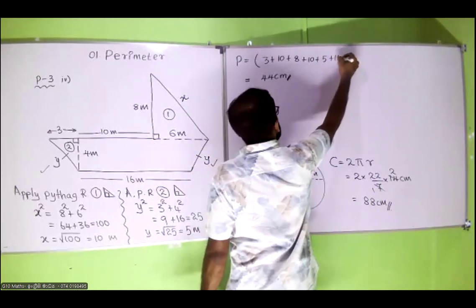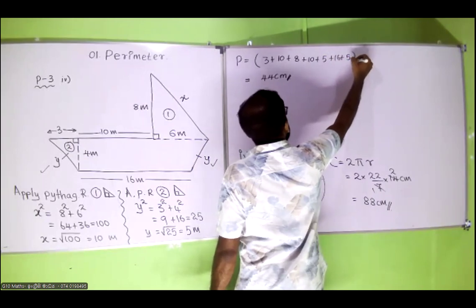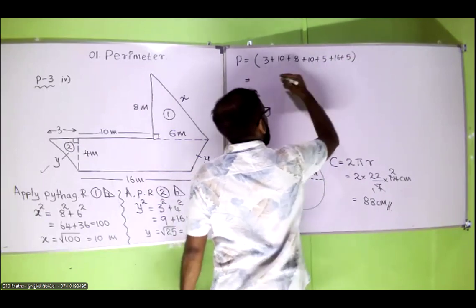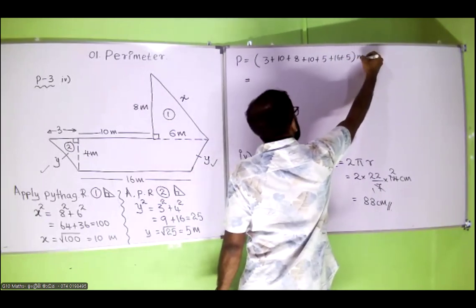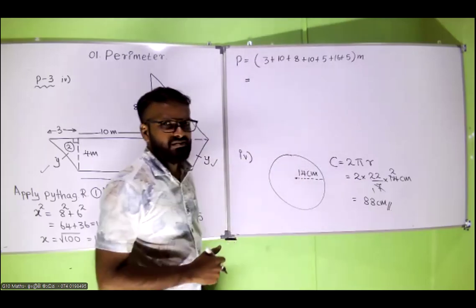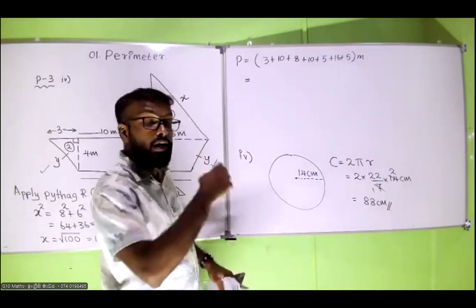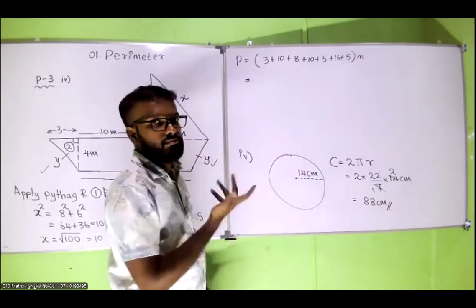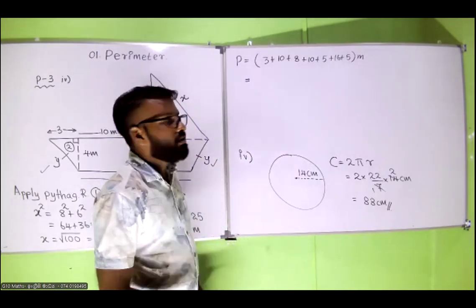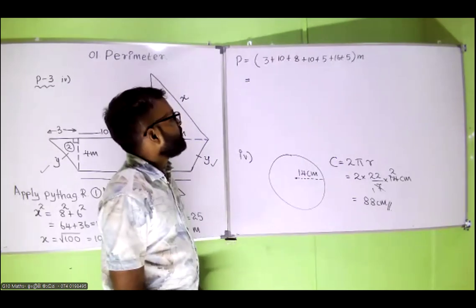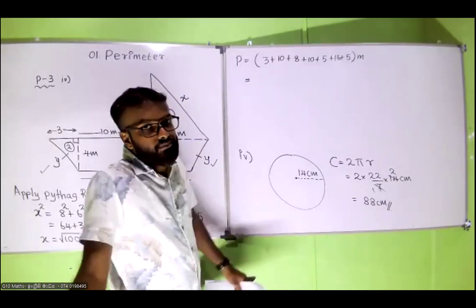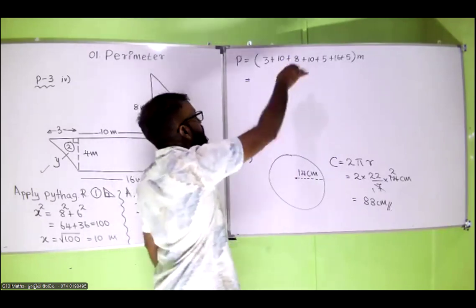All of them are meters, right? So I would put meters at the end because I have used brackets. I am not going to write meter, meter, meter everywhere. It is clear, no need to identify. So at the end, you can put meters. So add them together.